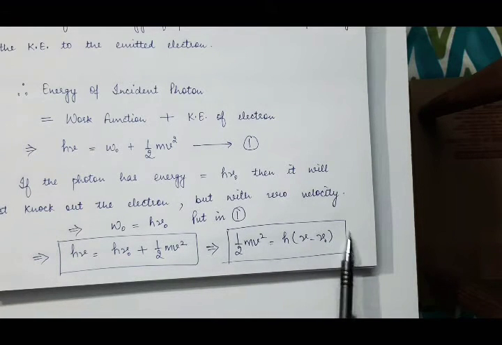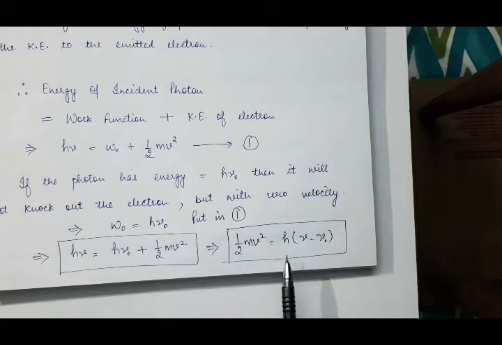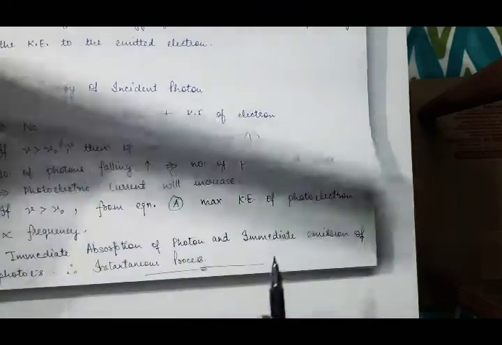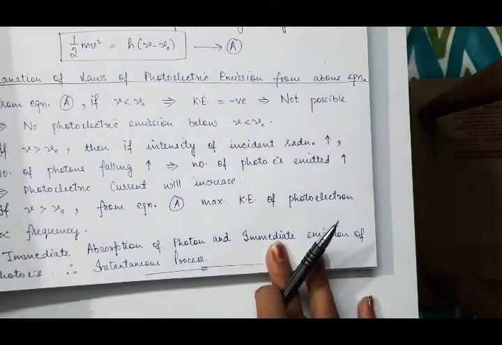This equation is known as Einstein's photoelectric equation, and it can successfully explain all the laws of photoelectric emission. Those laws are conclusions of this equation. Now we will explain those 4 laws using this equation. See how.